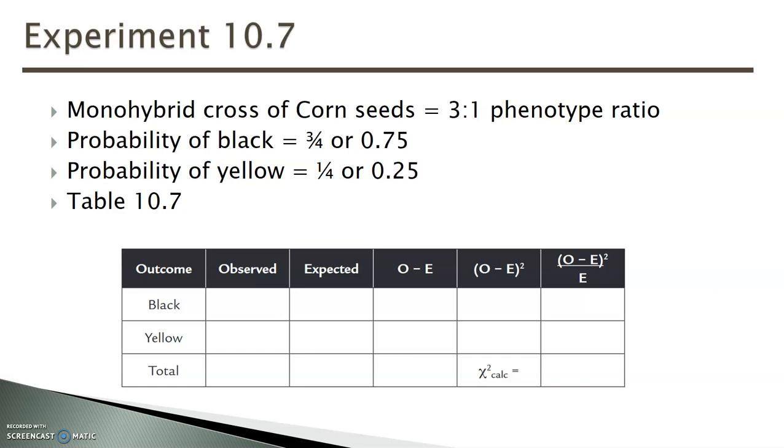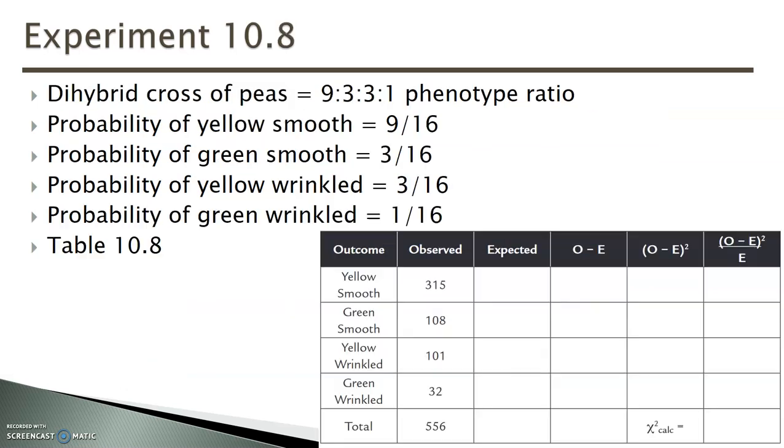Now for the last 2 experiments, things are going to get a little bit more complicated. These are not monohybrid crosses, but dihybrid crosses. So 10.8 and 10.9 will both be dihybrid. Remember, earlier we talked about the dihybrid crosses. These are 9-to-3-to-3-to-1 ratios. So for your smooth data here, the expected will be 9/16 of your total.